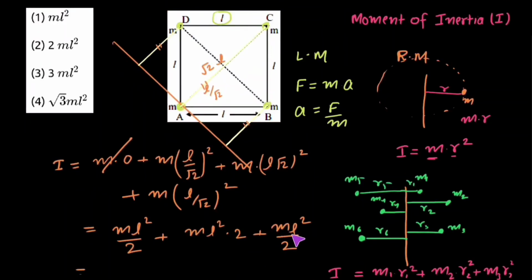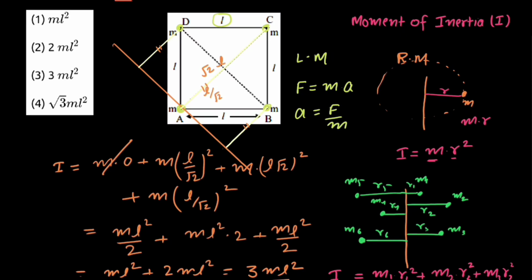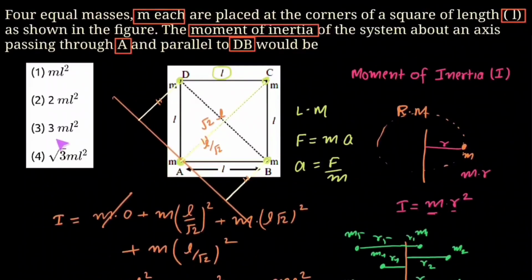If we add all these terms, mL square by 2 plus mL square by 2 becomes mL square, plus 2mL square, so we get 3mL square. So this is the answer. If we match our answer with the options given, option C would be the correct one.